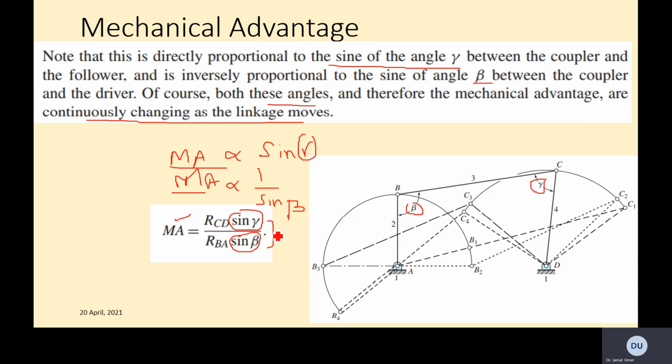In the coming chapters, we will see how this mechanical advantage is determined. But this is the way it is; it is more like explaining the fundamentals of mechanical advantage for the four-bar linkage.